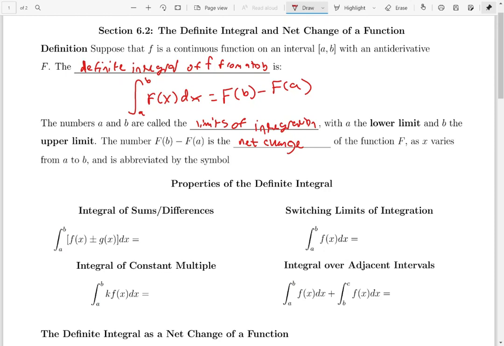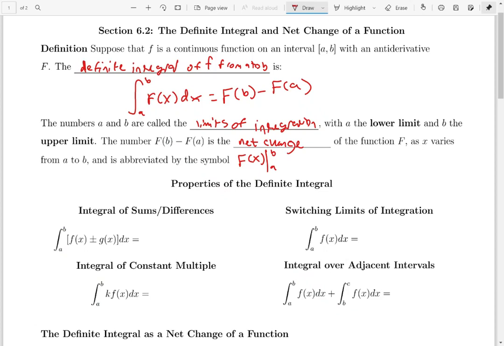That is abbreviated by the symbol capital F of x, and you can draw a vertical line from a to b if you so desire. When we're doing these things, you'll find that we need to find the antiderivative first, and then plug in from a to b, so it's F of b minus F of a, and this notation can be useful.